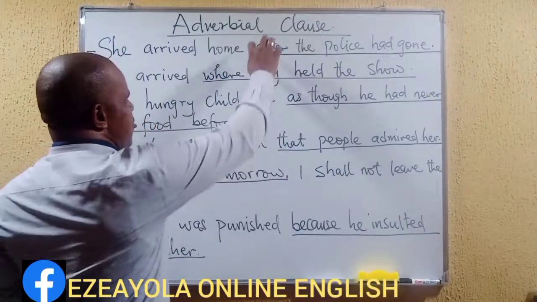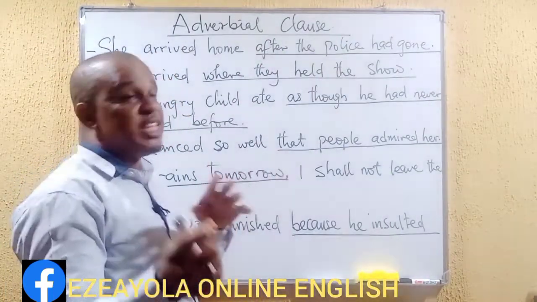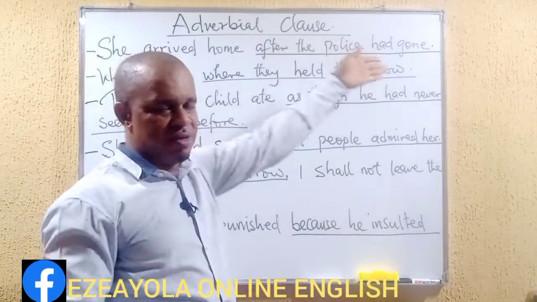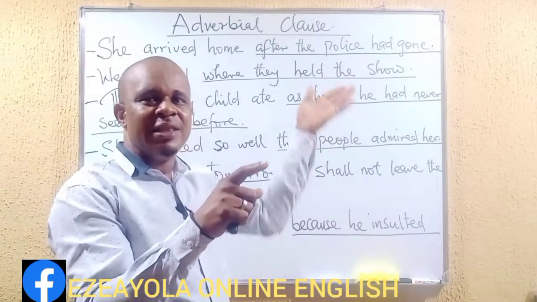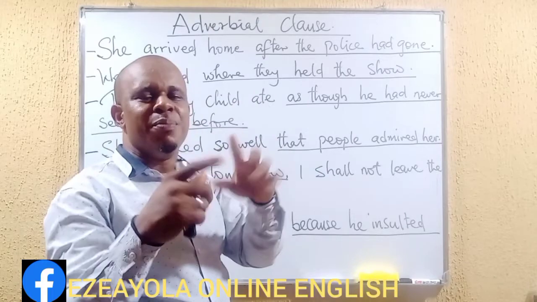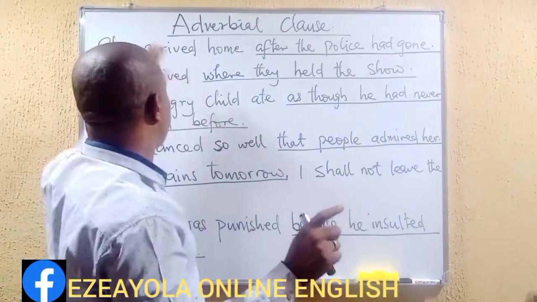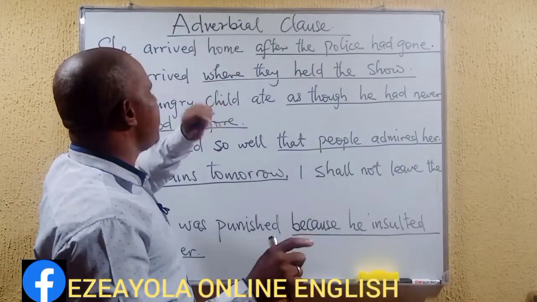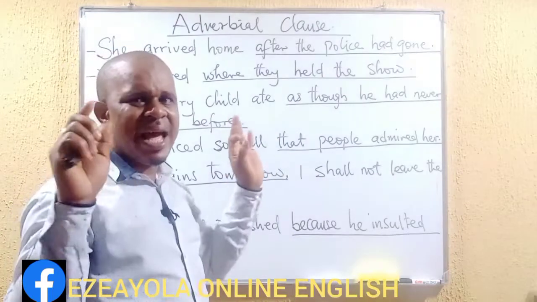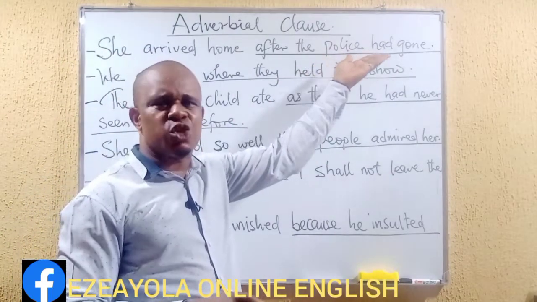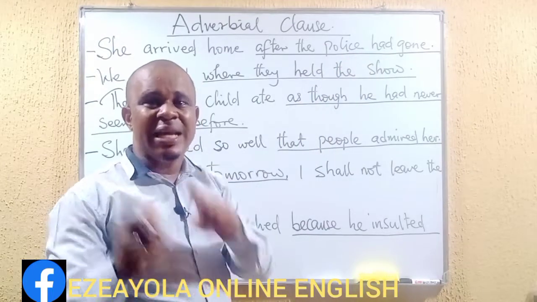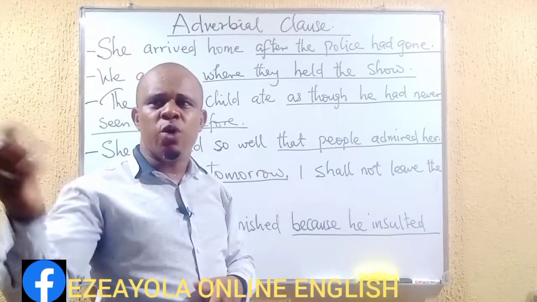Now, if we decide to remove this from the sentence, the leftover is still going to make partial sense. We could say, she arrived home. Yes, that's an expression that is complete. But then, this is talking about time, the time she arrived home. When was that?